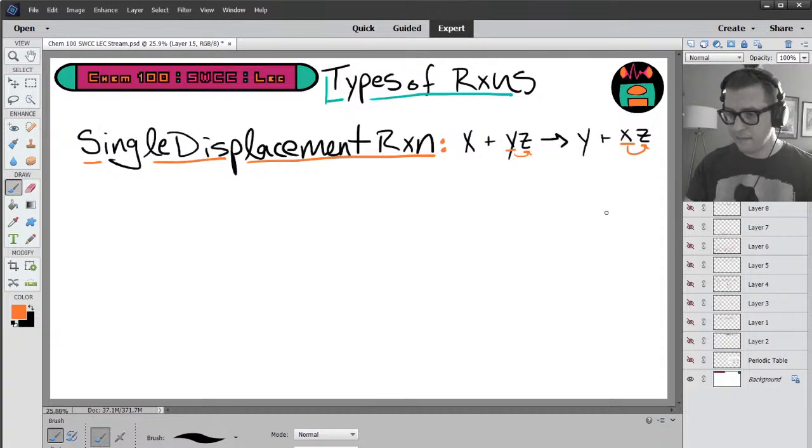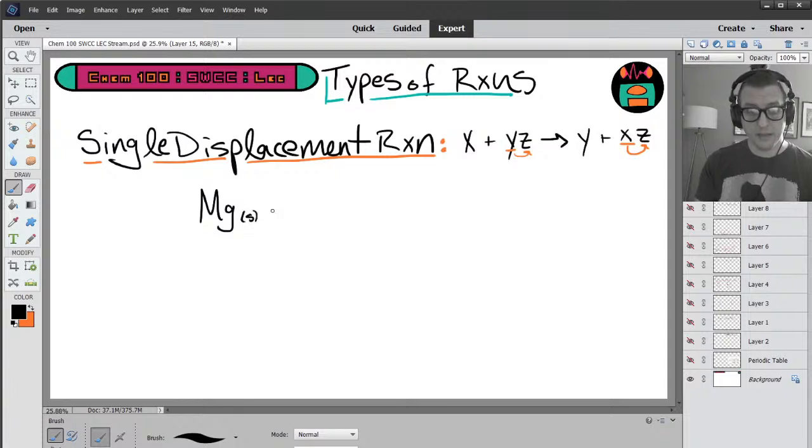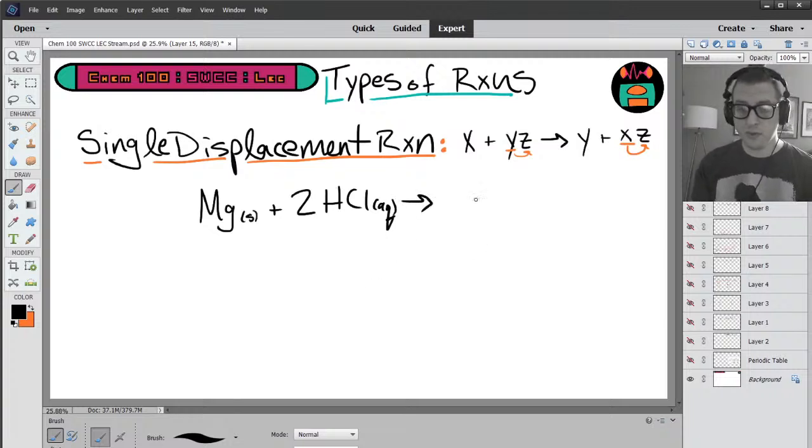An example of a single displacement reaction would be the reaction of solid magnesium metal with hydrochloric acid, which is in the aqueous phase. These two will react to produce H2 gas plus aqueous magnesium chloride.